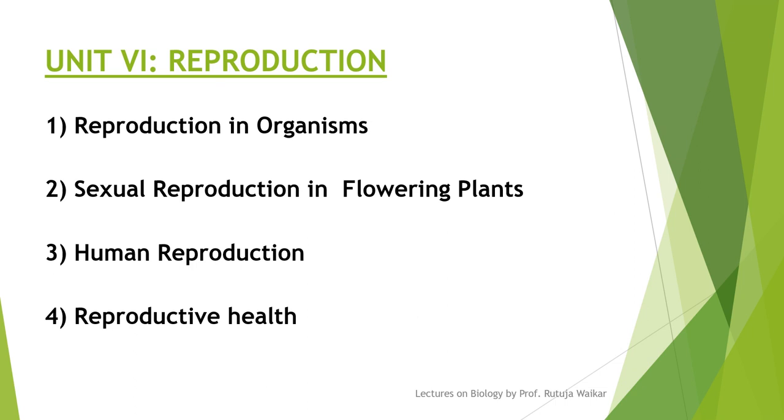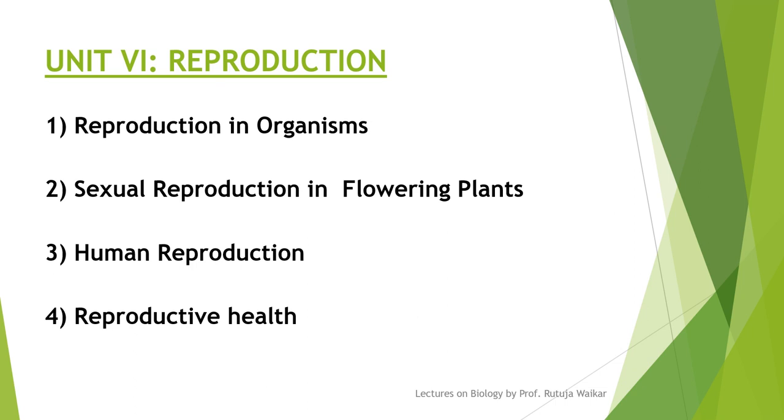Okay, the second chapter is Sexual Reproduction in Flowering Plants. Flowering plants means angiosperms, which are seed bearing plants. You already studied them in 11th standard. In this chapter you have to study the flower structure, the male and female gametophytes, pollination, the types of pollination, and the events that take place after fertilization.